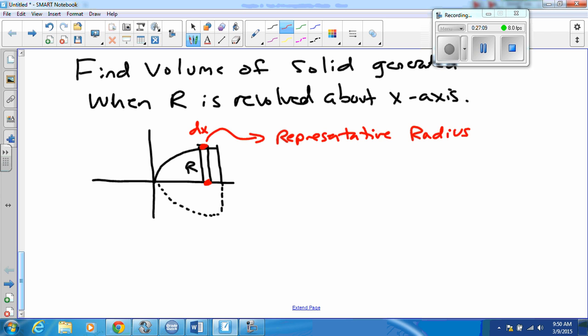And I'm going to identify the value of that radius. That radius is going to be the distance from the curve to the axis of revolution.